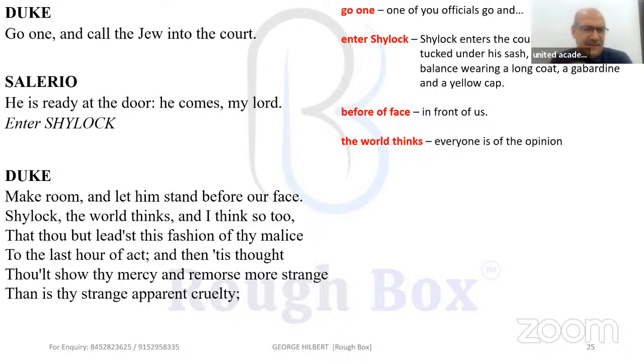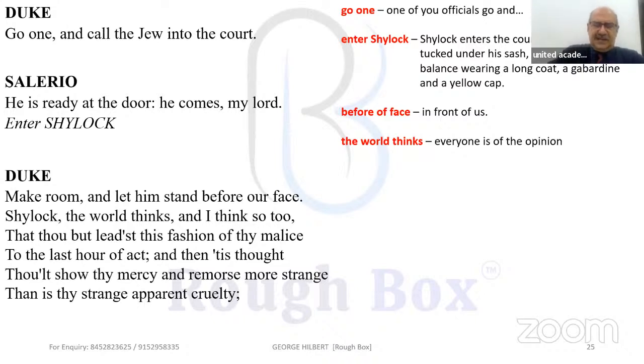And his appearance, his entry is also very terrifying, just like the case that he is demanding. He comes dressed in his gabardine. The gabardine is that long cloak which is sacred to the Jews when they are saying prayers. He comes with his orangish yellow cap, which was a sign of the Jews.